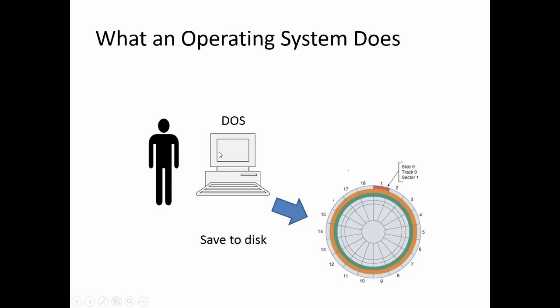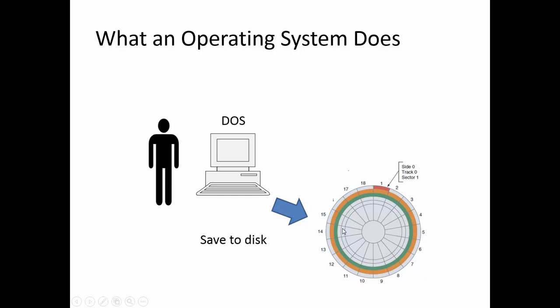For example, if you or I type up a file and we want to save it to the hard disk, we want to save it on a portion of the hard disk that has free space. But you and I don't know that track 3, sector 12 has free space.